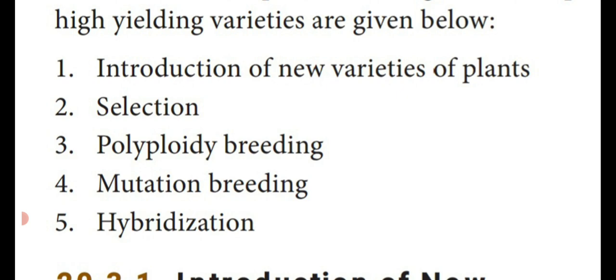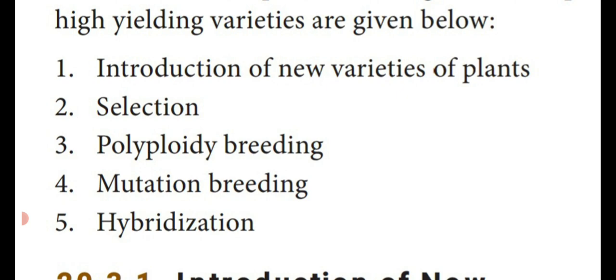That is said to be introduction of new varieties of plants. Second one, selection. From a group of population, we are selecting the desirable character. That means plants yielding high quality and also quantity of crops, known as selection.